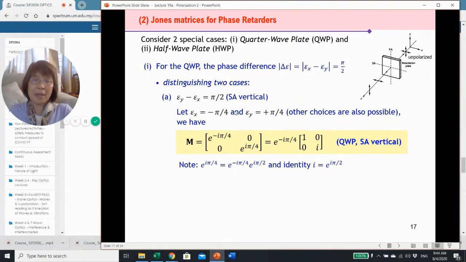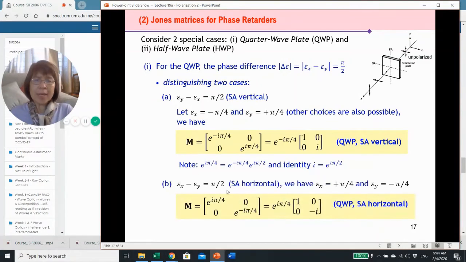So when you take this minus this, which means you add them up, it is pi over 2. You can also try other scenarios. We plug all these phases into the general form, then bring out the common factor. We will get a quarter wave plate with the slow axis vertical as (1, 0; 0, i). So there's an imaginary number here.